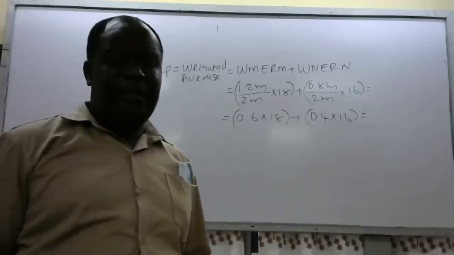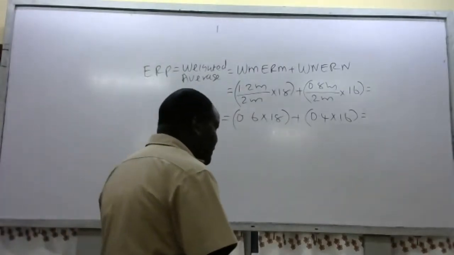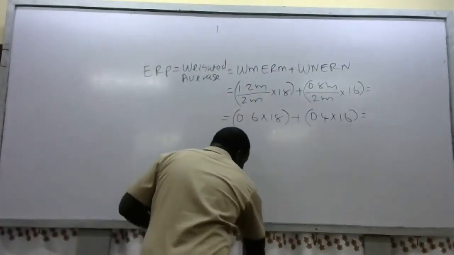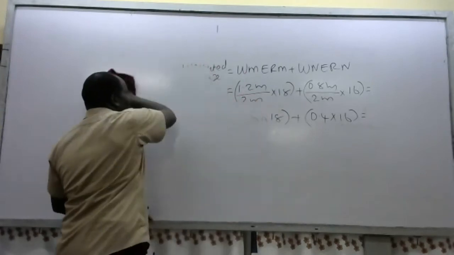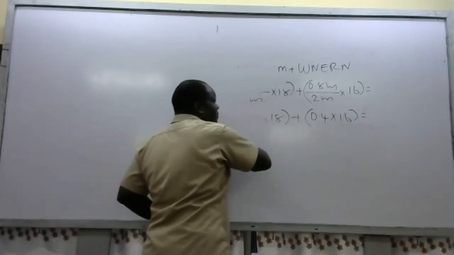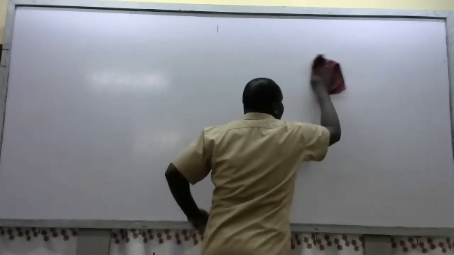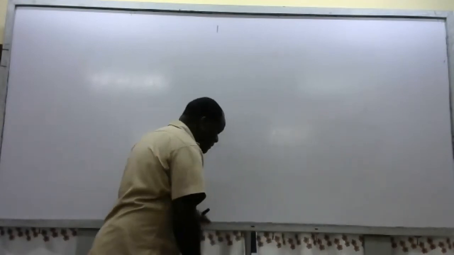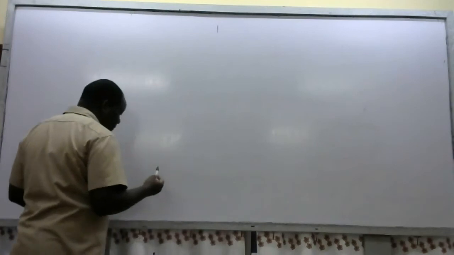So what they are asking you to explain is to compute the percentage of the risk minimization.